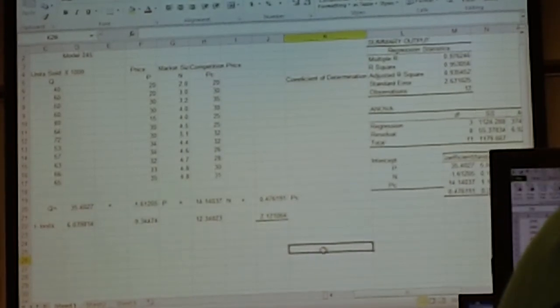Now, those two things already tell you a lot. What we don't know is whether there's any kind of collinearity between the two. We haven't checked that.